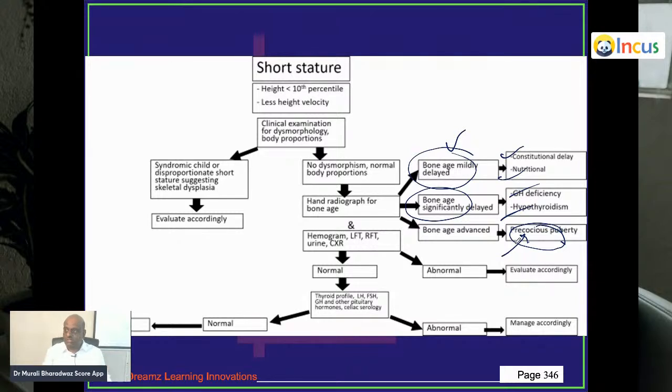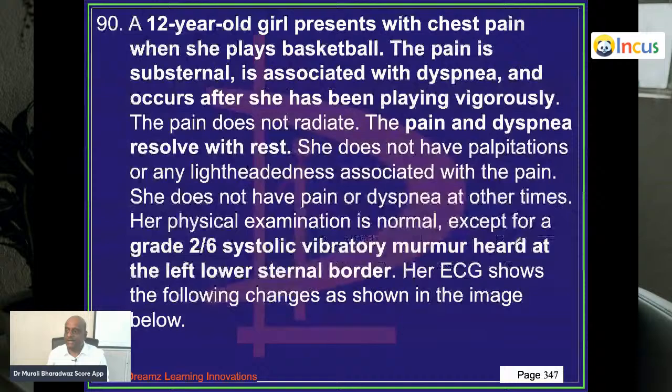So all that sex steroids will cause the ossification centers to appear of a 18-year-old, 19-year-old man. So advanced bone age is a feature of precocious puberty. Delayed bone age is a feature of growth hormone deficiency and hypothyroidism. Slightly delayed bone age is a feature of constitutional growth delay and nutritional dwarfism is what you have to basically remember.